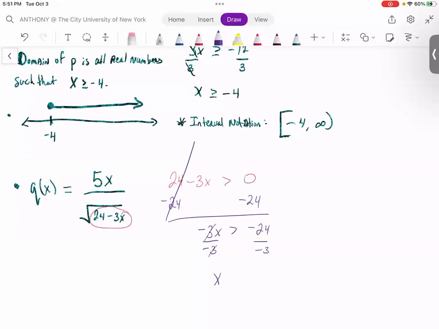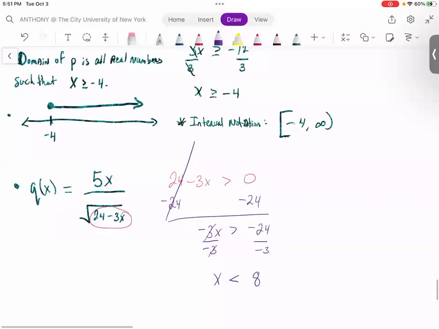Negative 24 over negative 3 is positive 8. But be careful with inequality symbols here. I can't say x greater than 8, because I'm dividing by a negative number. Multiplying or dividing by a negative number causes the sign to flip. So if the sign is originally greater than, it now becomes less than.